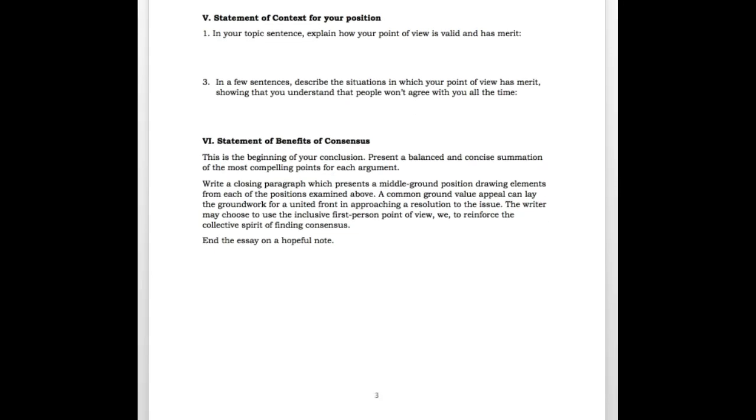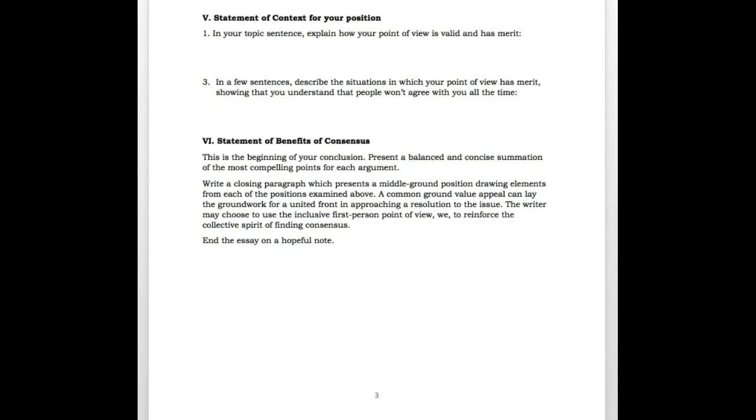And then in 6, statement of benefit of consensus. And this is a key element. This is the beginning of your conclusion. It should present a balanced and concise summation of the most compelling points for each argument. So a few sentences about each position. Then you're going to write a closing paragraph which presents the middle ground position.